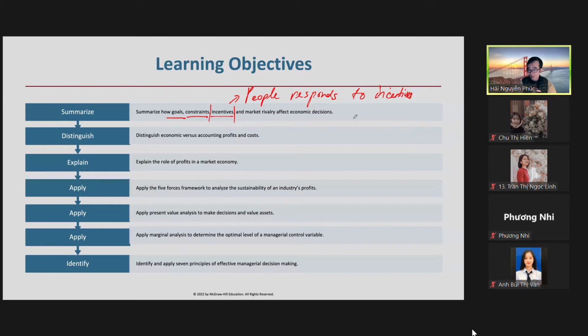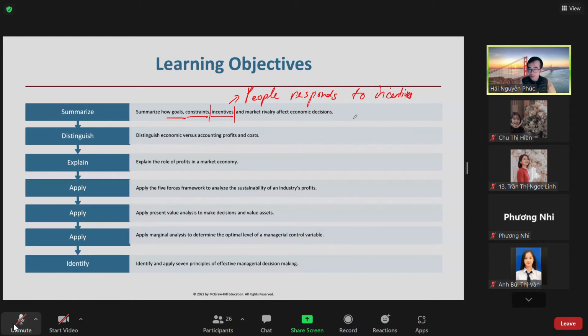How can you achieve this? You have to create some kind of incentive to encourage people to buy your goods. Okay, understand the point? And what kind of incentive can you create to encourage people to buy your product?